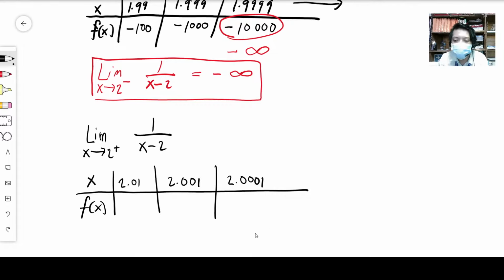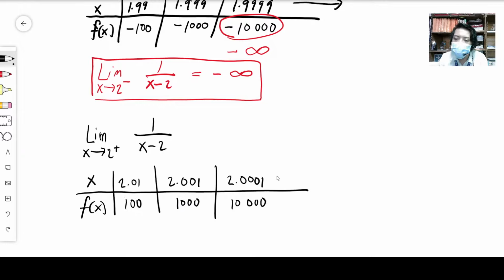Now solving for the values of the function when x is equal to 2.01, your value for the function is 100. And I think this is 1,000 and this is 10,000.